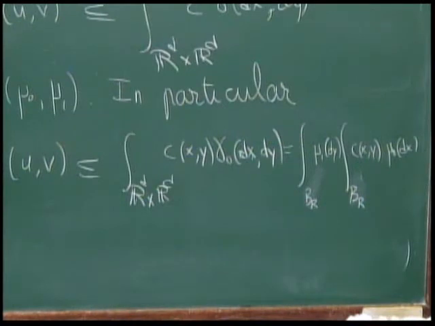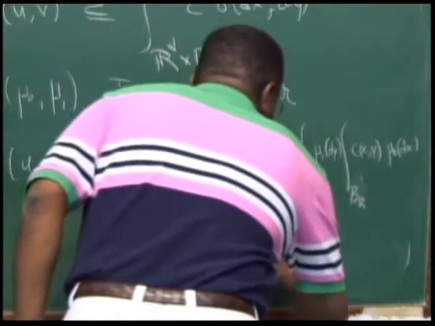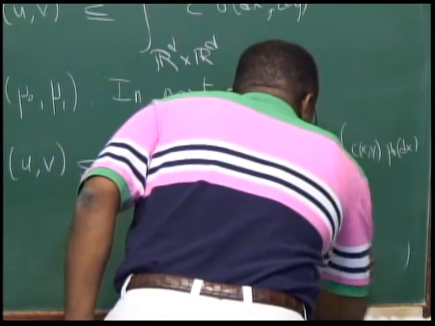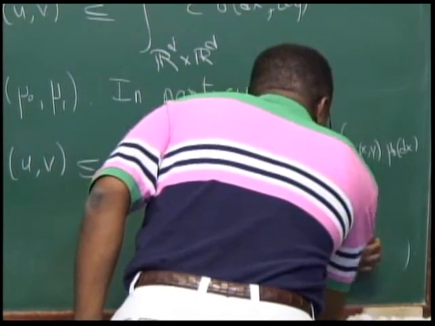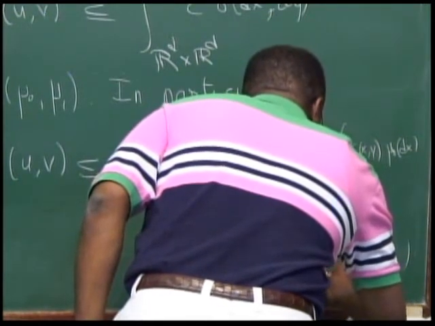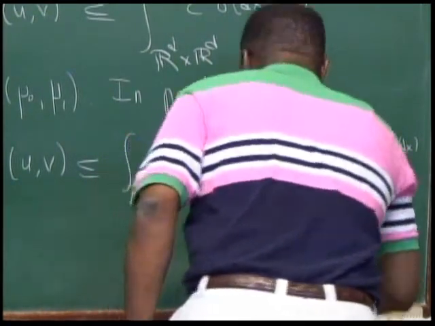Now I am integrating C on a compact set. C is a continuous function. Therefore, the maximum of C is finite. And so this is less than the maximum of C on BR cross BR.